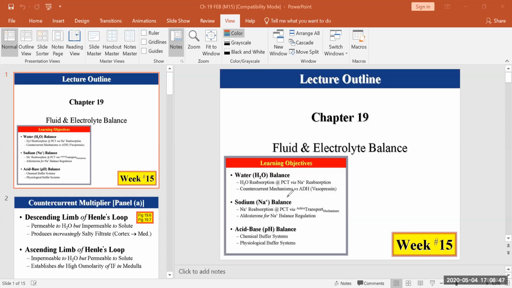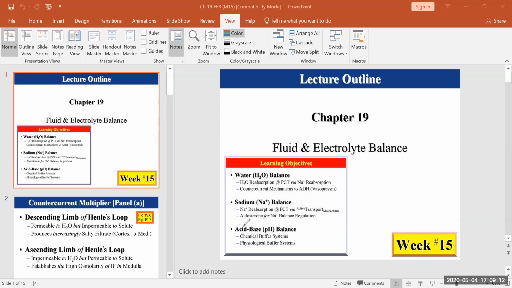So the objective for the recording session is divided into 3 pillars. We're going to go over and understand how the body maintains water balance, followed by how the body maintains salt balance, putting an emphasis on sodium balance.